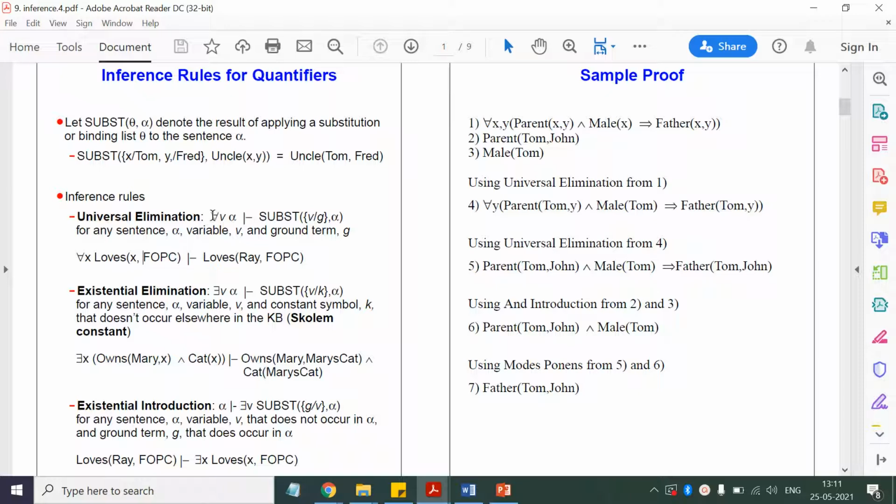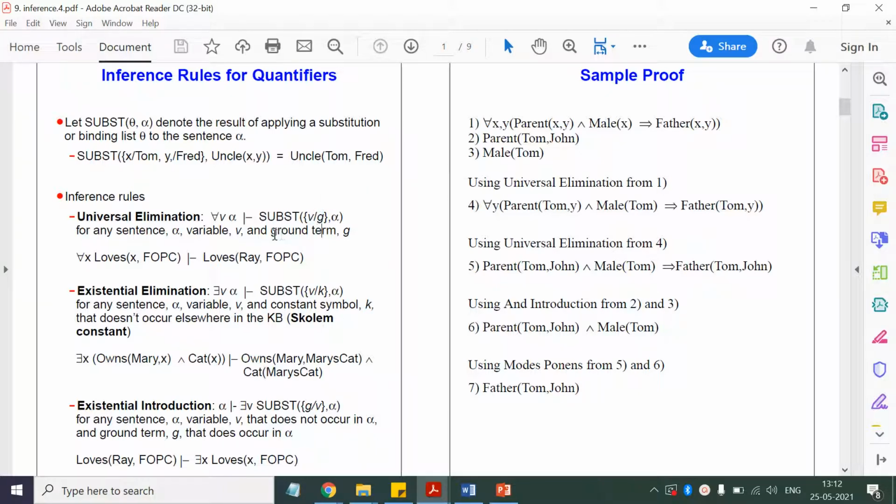So for all v, v is a set of variables. Here we have only x in the variable, but we can have multiple variables, and alpha is our given statement. It implies that you substitute v with g.